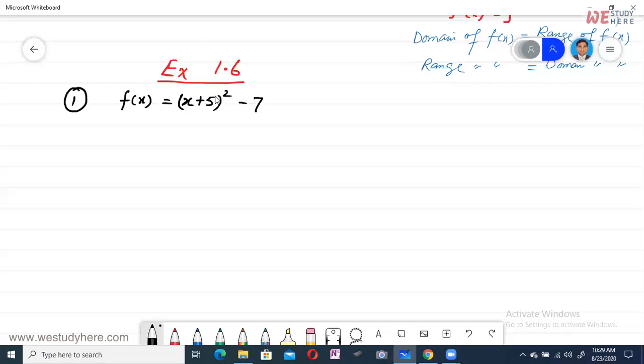One more thing you can keep in your mind, inverse function we can find if function is having one-to-one mapping. Then we can find the inverse function. Other functions do not have the inverse function.